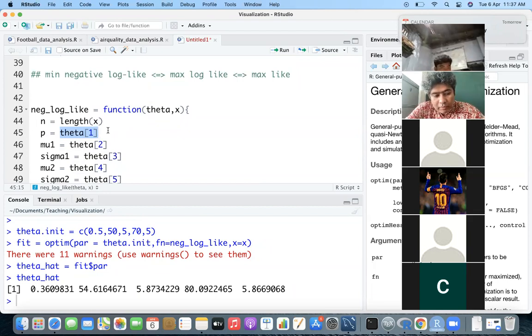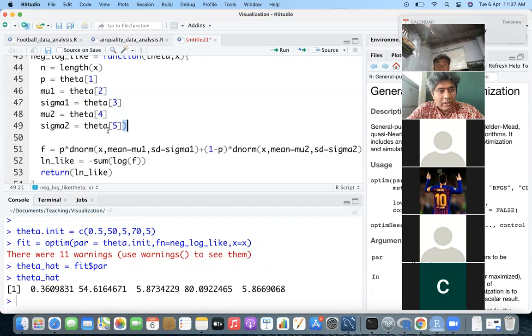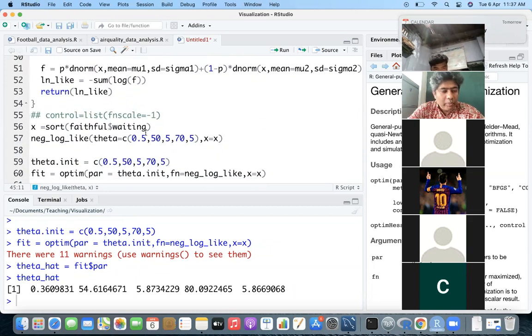So maybe along with the transformations, we can change the initial values of theta that we're using. Okay, that is actually a good idea. Correct. Let us try this. So it will be e to the power log of 0.5.